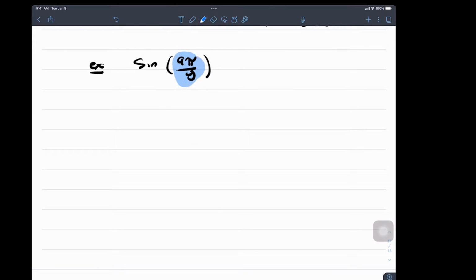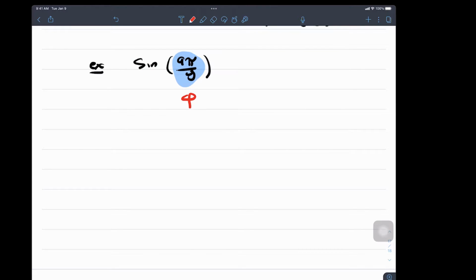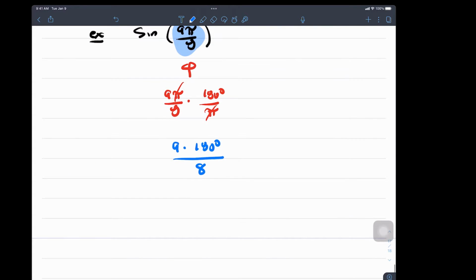You go, oh, I don't like radians. Well, convert it to what? Convert it to degrees then. So this would be 9 pi over 8 times what? Do you guys remember? 180 degrees over pi. So your pi's cancel. So you get 9 times 180 divided by what? 8. Is that true? And that's in degrees now.